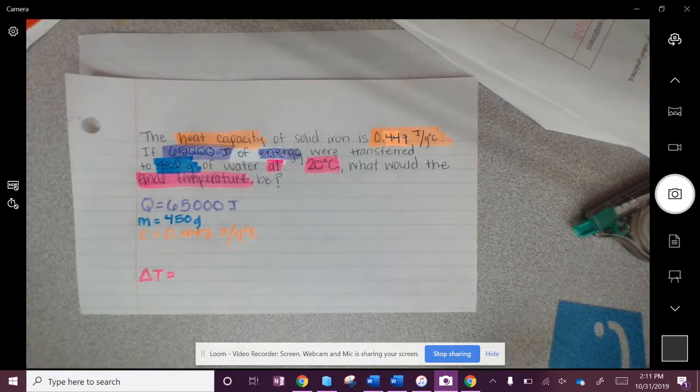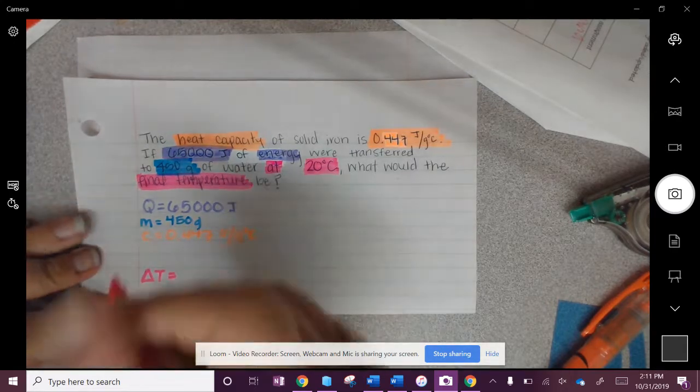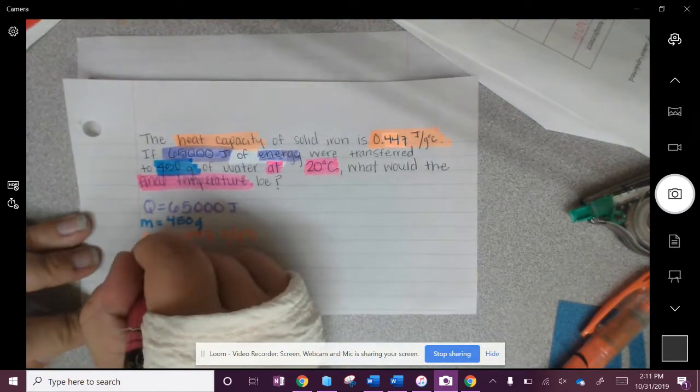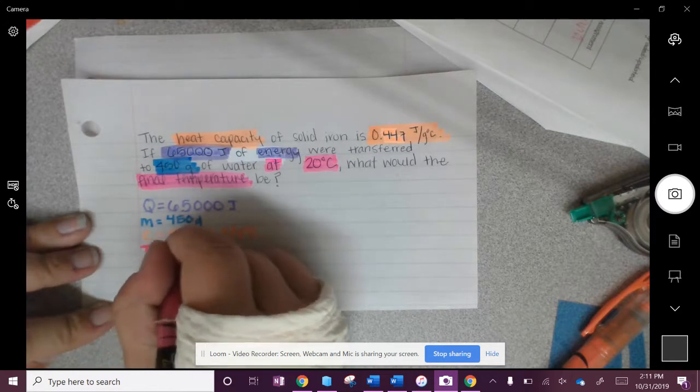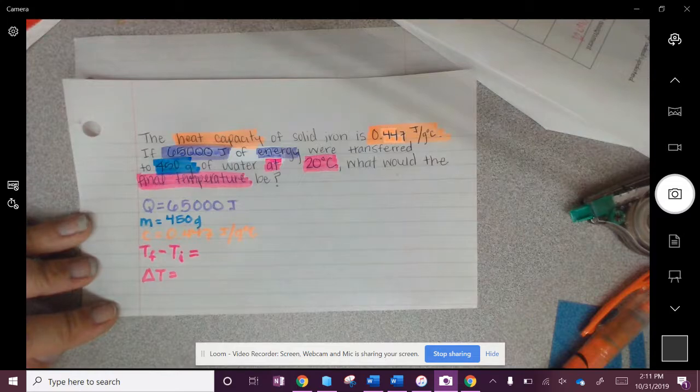Okay, now I didn't fill in my delta T. And that's because it doesn't just say what's the change in temperature. It wants to know what my final temperature is. And so instead of writing delta T equals, I'm going to put up here T final minus T initial. That way I know what I'm actually looking for.